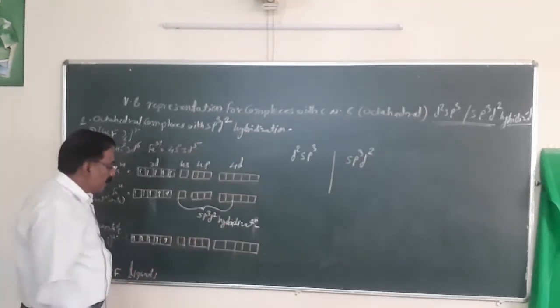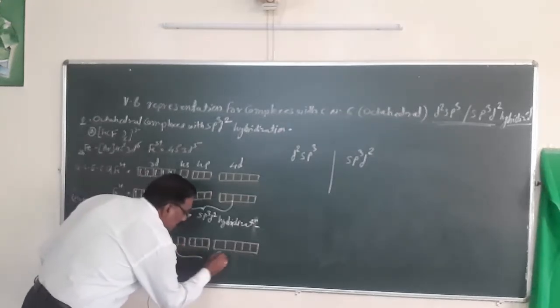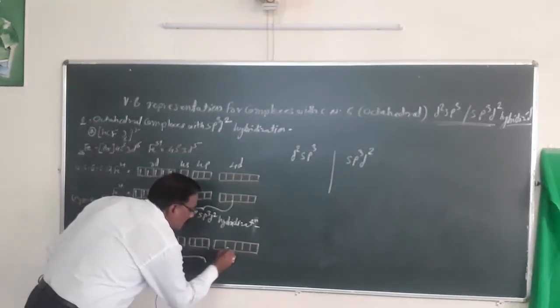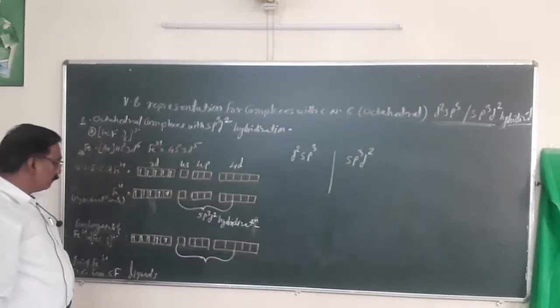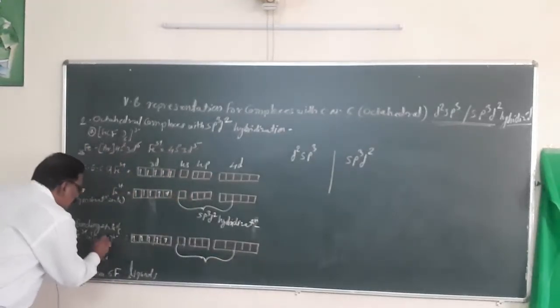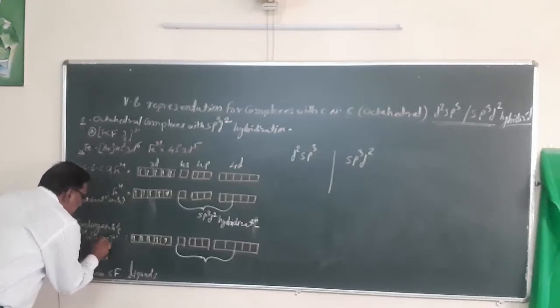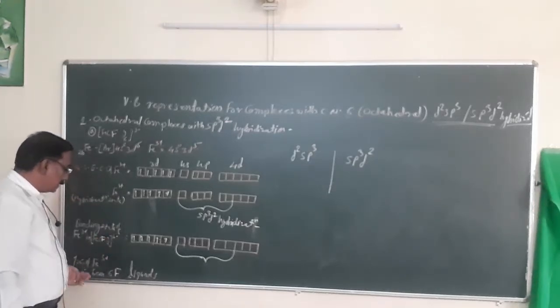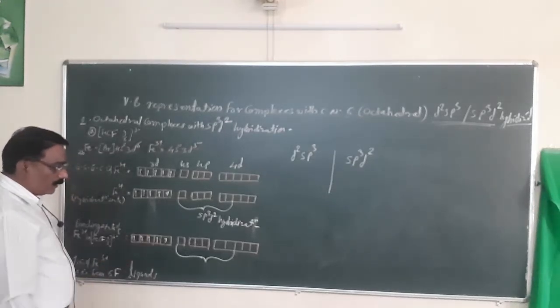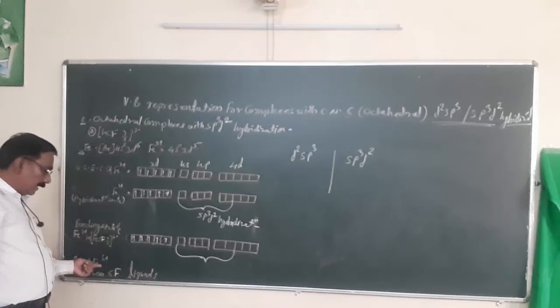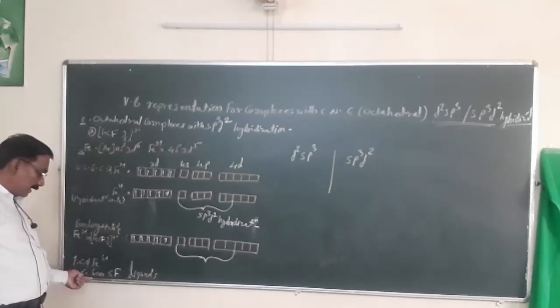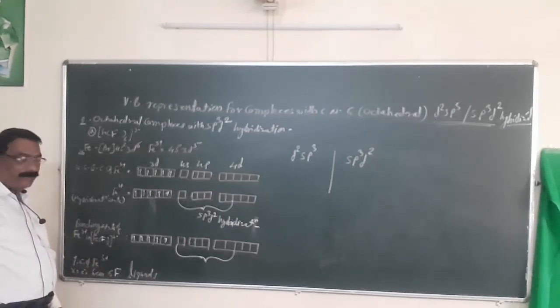See, in this sp3d2 hybridization, there are 6 ligands and they can donate electrons into these hybrid orbitals. So here there are 6 F- ligands, and those 6 F- ligands can donate electrons into those empty orbitals, which are sp3d2 hybridized. The arrow indicates the electrons of Fe3+ and the cross indicates the electrons of the 6 F- ligands.